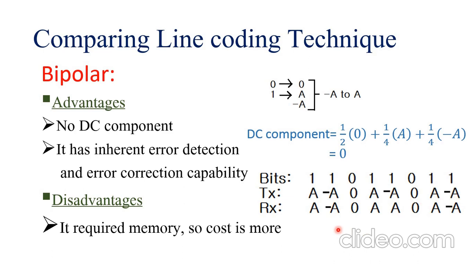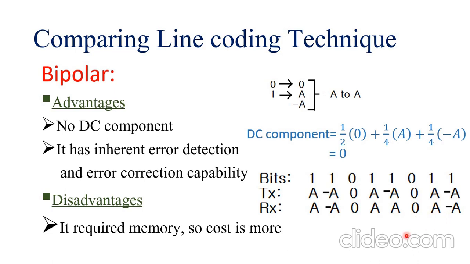Now, if you received the signal with error, if I say receiving signal like this: A, minus A, 0, A, 0, A, minus A.